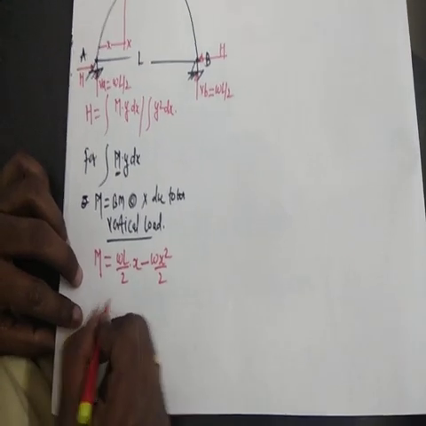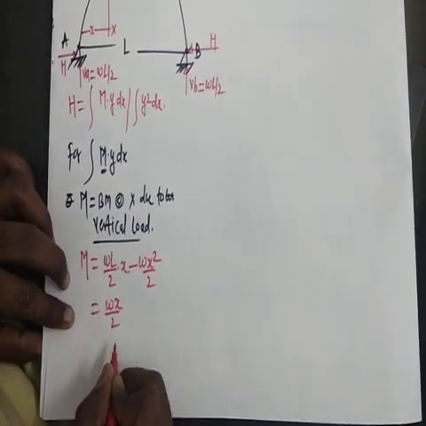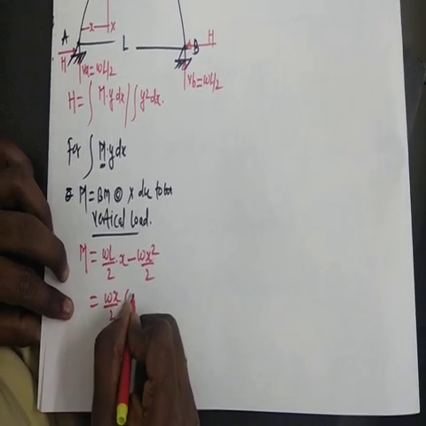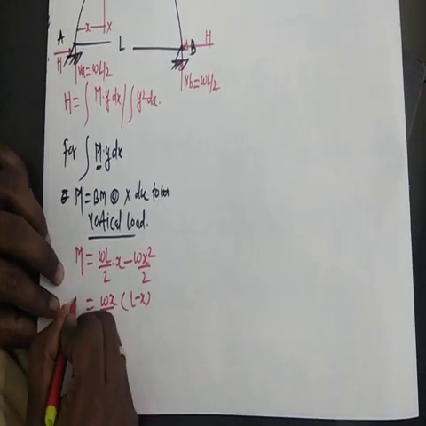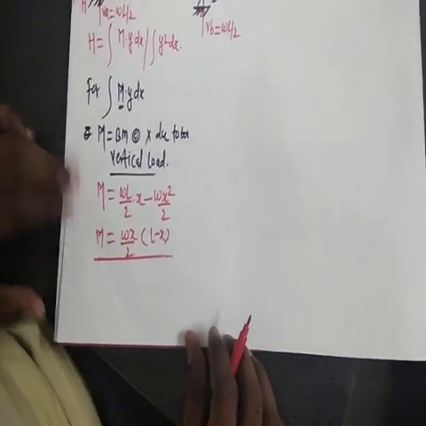Clear? From this I can take Wx by 2 as common, so I get in bracket L minus X. So this is the bending moment equation due to the vertical load at section X.